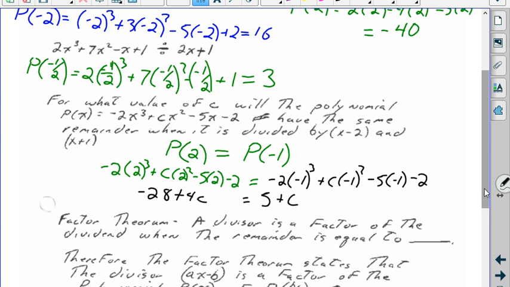So we've taken the question and we've turned it into a linear equation. I have an equality. P at 2 is equal to P at negative 1. We're going to have, bringing all c's to one side, 3c is equal to 33. C is equal to 11.